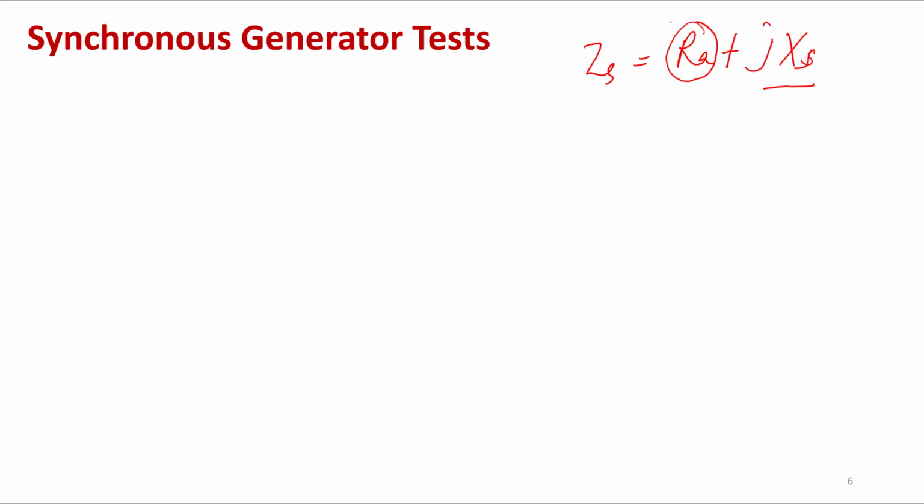This is called the resistance test. For that, we need to measure the resistance across any two of the three terminals of the generator. Suppose your generator is star connected, right?